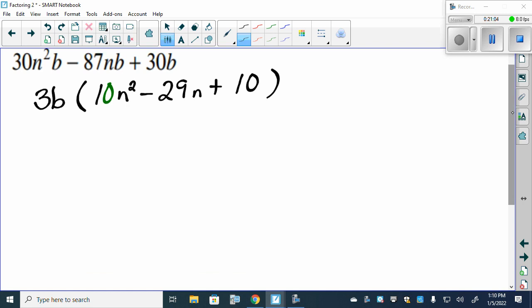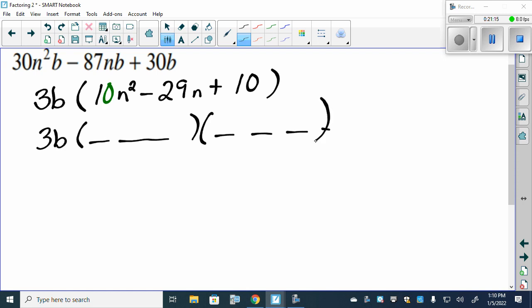Now 3b is the only greatest common factor, so we can set it up with 2 sets of parentheses with 3 spaces.